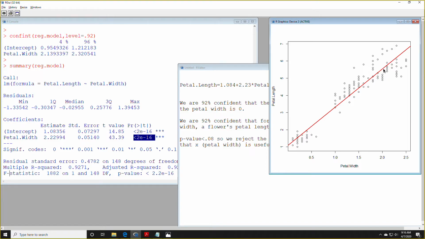We could be interested in a range of values for a single observation. If I want a range of values for a single observation for a given value of x, that is called a prediction interval. If I want a range of plausible values for the average value of y for this given value of x, that's called a confidence interval.